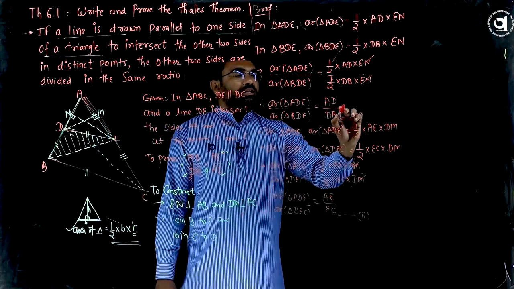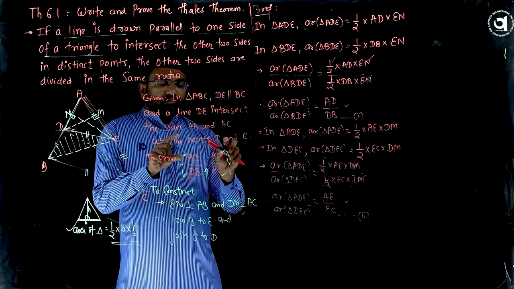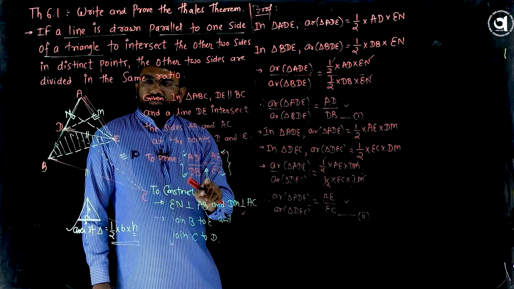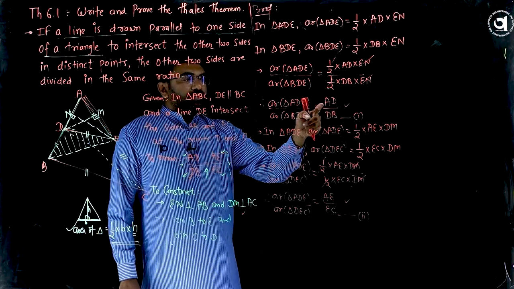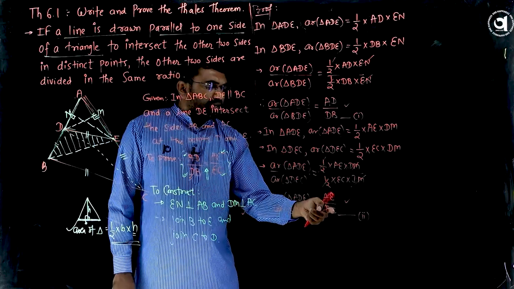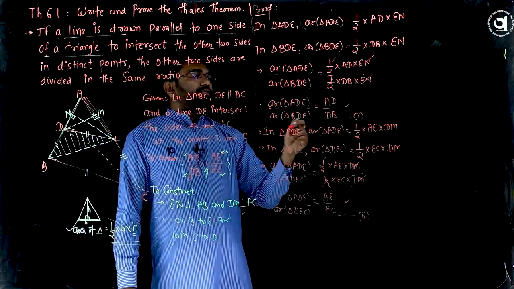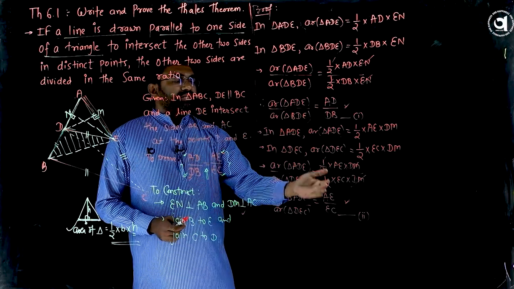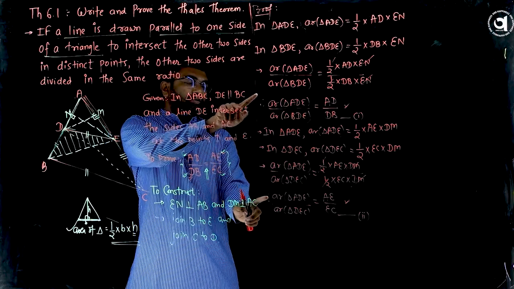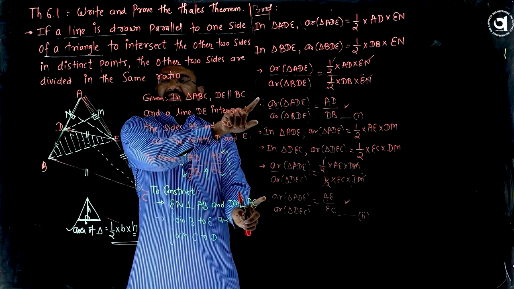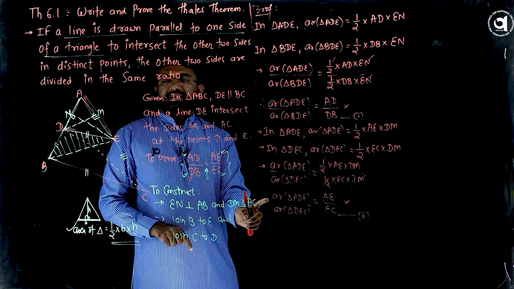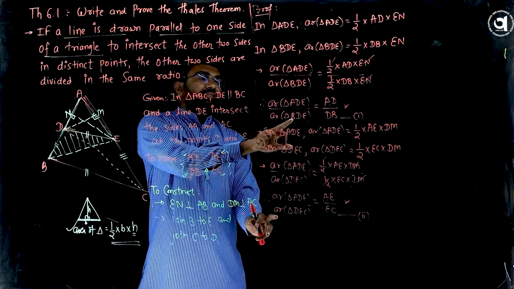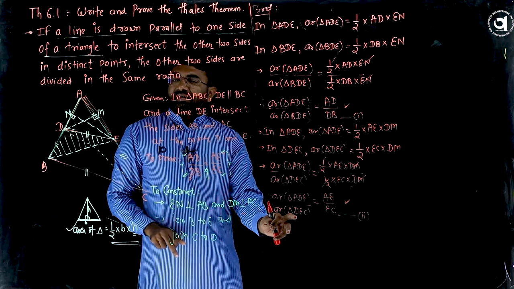Now, as I told you, first of all we get these two ratios and then we prove them equal. Here the right hand side is AD by DB and here the right hand side is AE by EC. Now it's time to prove these two ratios are equal. For that we have to observe the left hand side. In both left hand sides the numerator is the same, the area of triangle ADE. Only the denominator is different: here the area of triangle BDE and here the area of triangle DEC.